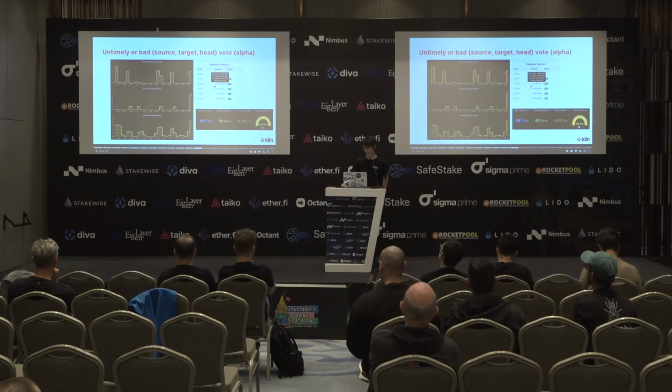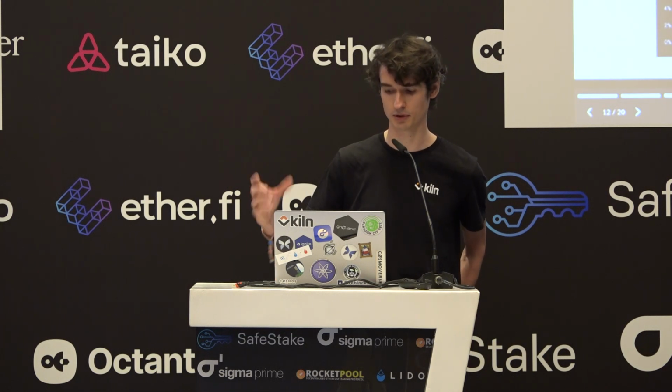Another signal you want to watch for is untimely or bad source, target, head. So it's a bit similar to the previous one. You won't get the maximum theoretical number of consensus layer rewards if you don't vote for the right source, target or head. And so it's also a signal you want to monitor.